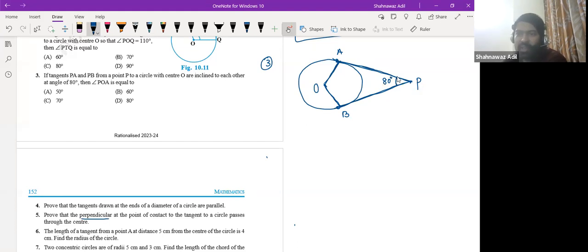So this is given. Then what can we calculate? We can calculate this angle AOB. Angle AOB plus this angle APB is supplementary.